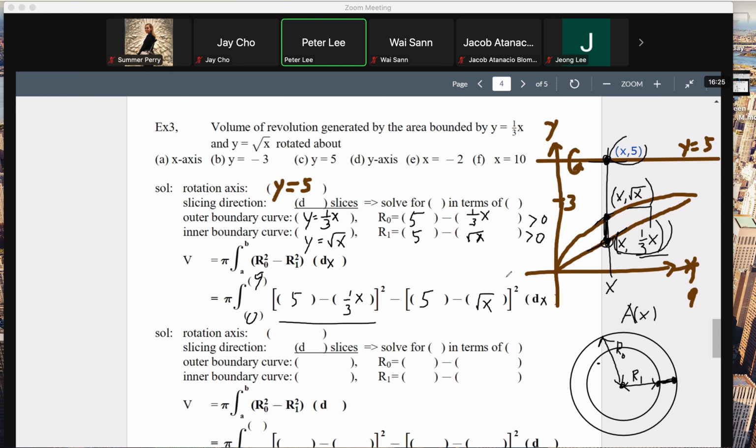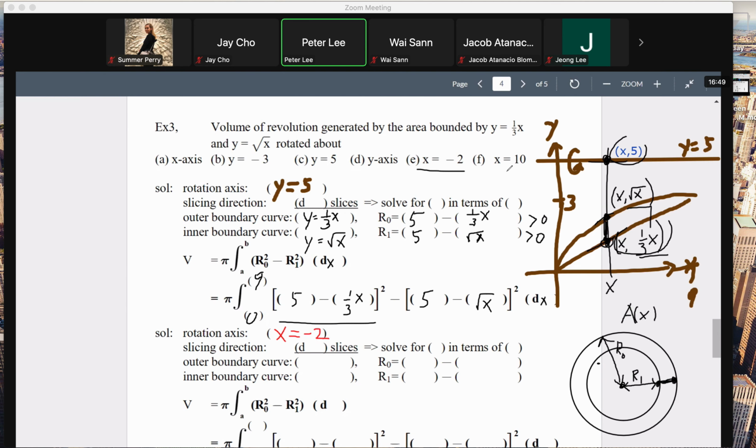Now this time, let me use the same marker. How about if I use the same graph there? This time, let's look at x equals -2. What about if the rotation axis is x equals -2?